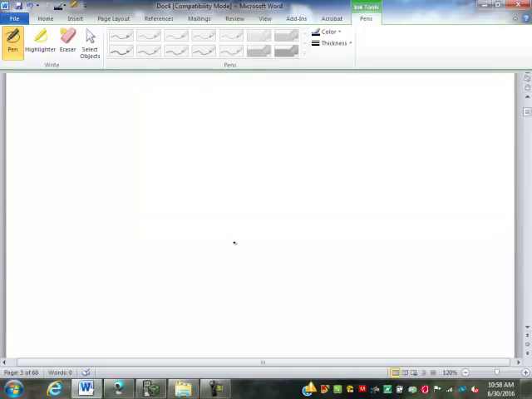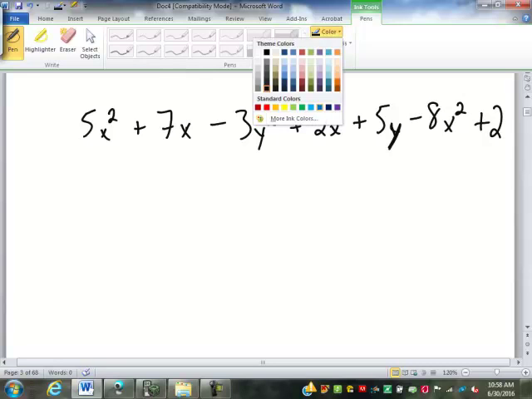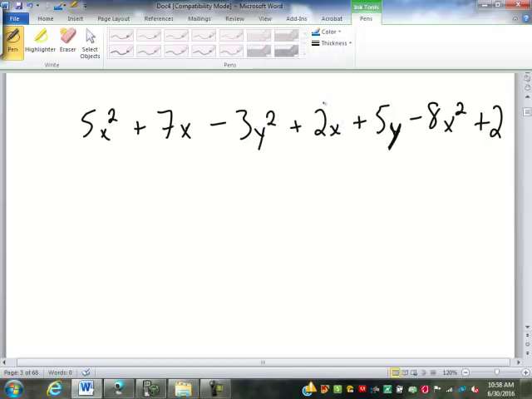Okay, so let's review our operations here. If I have something like this, that looks kind of ugly, but what I'm going to ask you to do is give you the command of simplify.